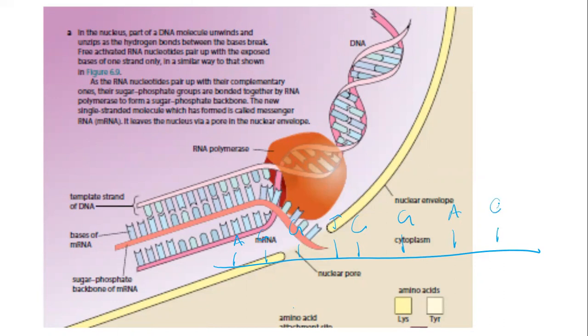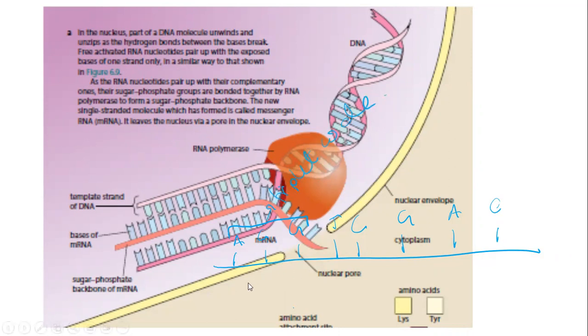So, generally speaking, if I combine three of the bases, on the DNA or on the RNA, those three bases will give me something I call the triplet code. Triplet meaning three, and code means that it is going to be coding for something. So when I read the three bases together, they will give me a specific code. And that code is going to be specific for a certain amino acid, right?